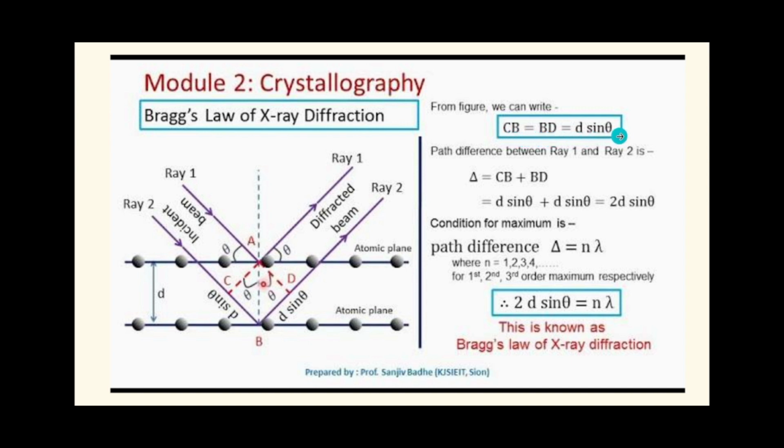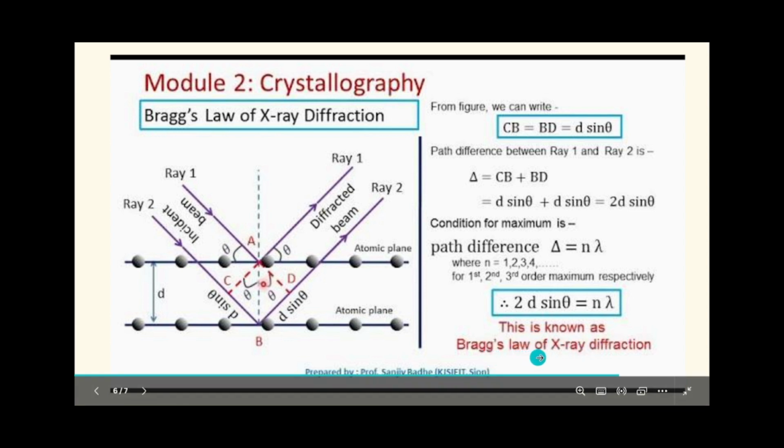Now the path difference between ray 1 and ray 2 is equal to CB plus BD, and putting in the values, d sine theta plus d sine theta is equal to 2d sine theta. The condition for maximum path difference is n lambda, where n is an integer, the first, second, third order of maximum respectively. So putting these values, path difference equals n lambda, and we get this equation. This is known as Bragg's law of X-ray diffraction.